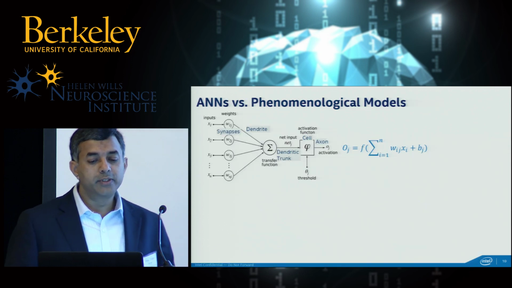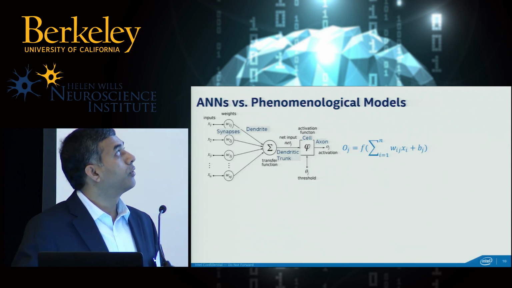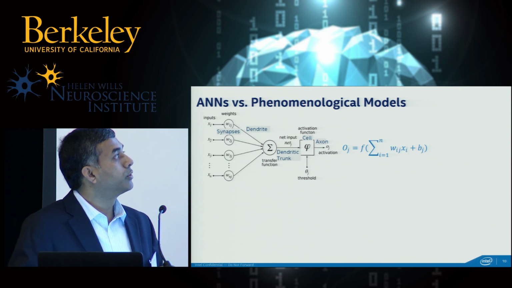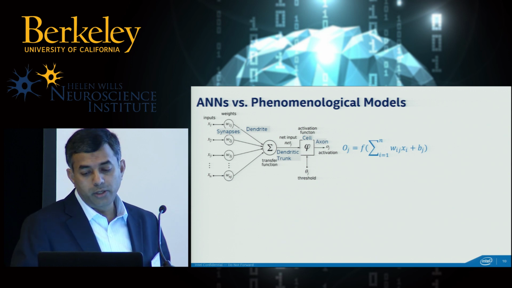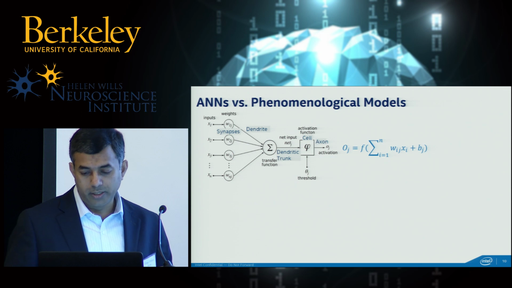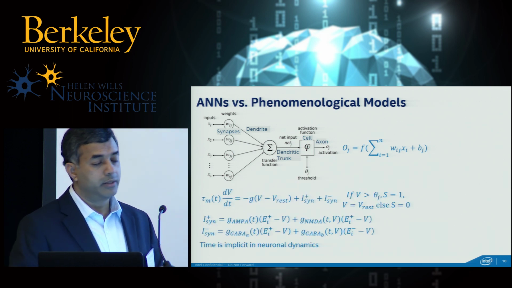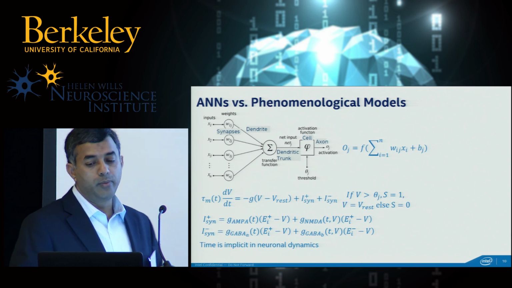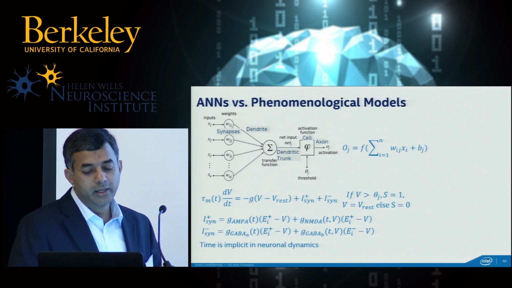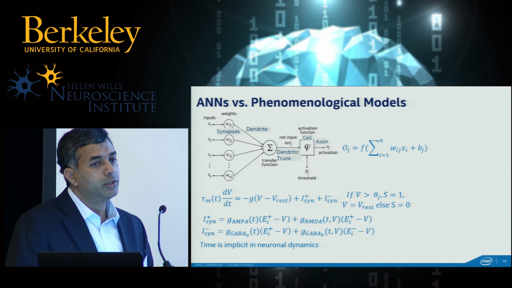And so revisiting these ANNs, this cartoon that we showed earlier. So look at the object. The output function is basically some nonlinear function of the inputs. And that's where we were. But the reality of it, even if you look at some phenomenological models from neuroscience, is that time is very implicit in the neuronal dynamics.